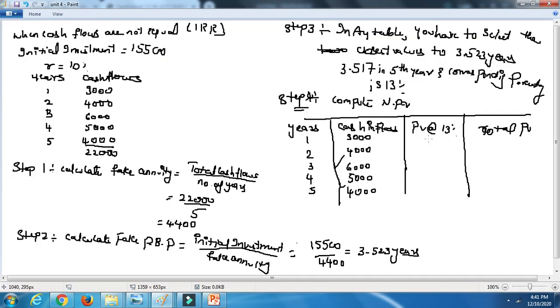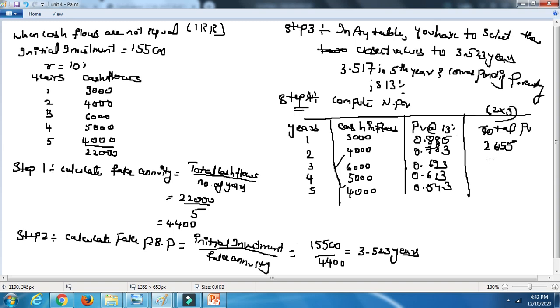So let's take down 0.885, 0.783, 0.693, 0.613, 0.543. Now you need to multiply the second column into the third column, that is 3,000 into 0.885, which gives 2,655.